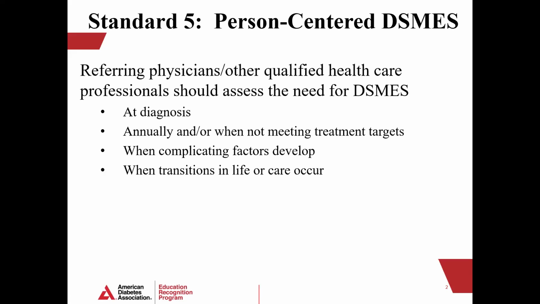When complicating factors develop, such as neuropathies, advancement of kidney disease, or when transitions in life or care occur. For example, pediatrics transitioning to adulthood, adults in pregnancy and parenthood, adults transitioning to retirement, to just name a few.